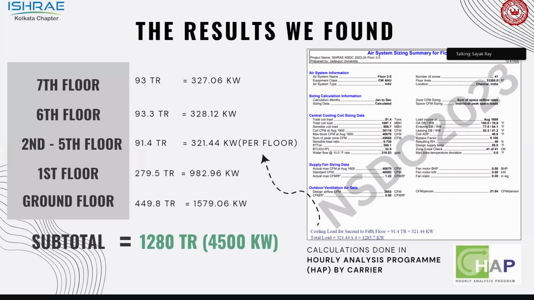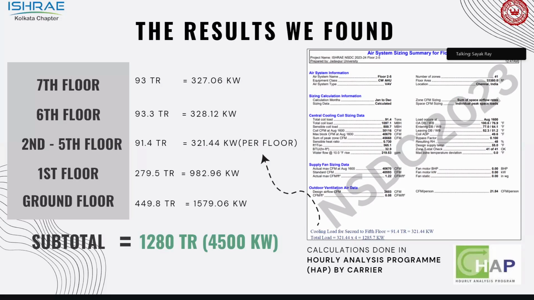We had chosen Chennai as the location because it was sea facing, because the condition was that it should be a tropical location facing the sea. And the air system type is VAV. VAV stands for variable air volume.